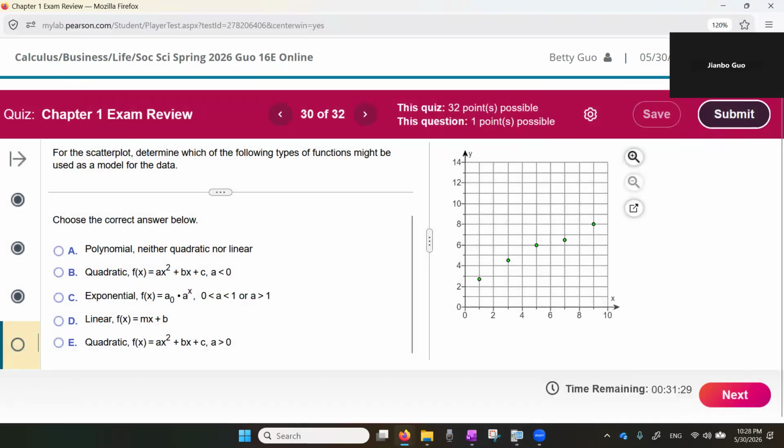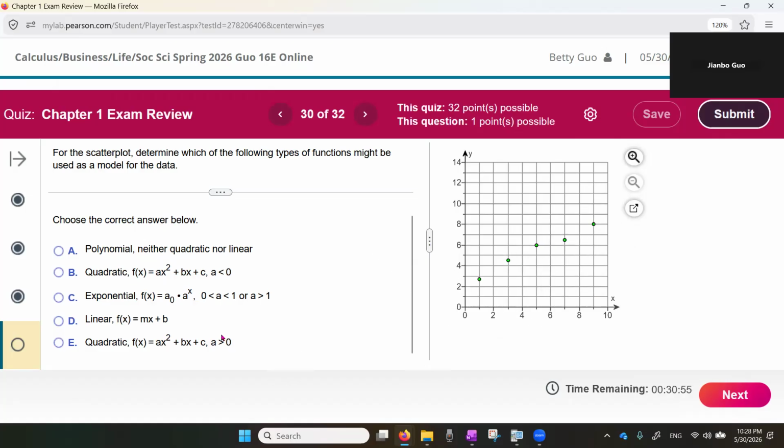Next. Question number 30, almost done. For the scatter plot, determine which of the following types of functions might be used as a model for the data. I would say linear. Obviously, it's not a parabola, right? So you do not choose quadratic. It's not exponential either. I would use linear.